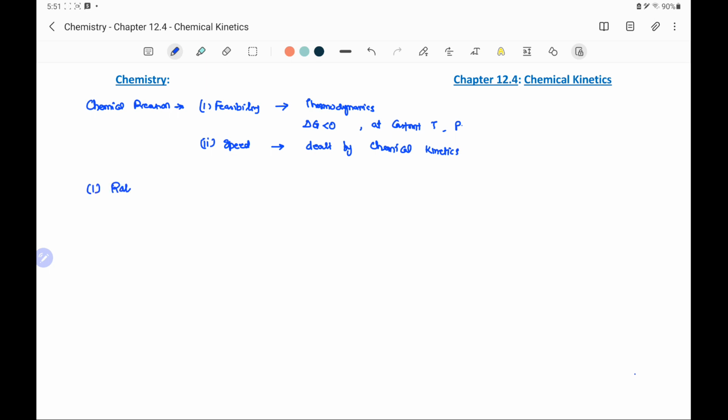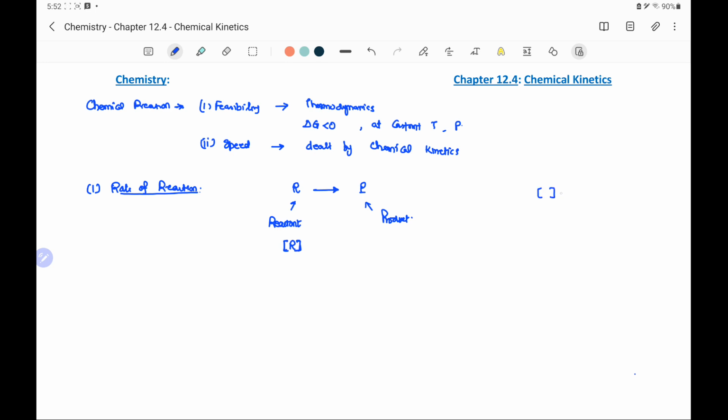First we discuss rate of reaction. Suppose we have a reaction, that is R, where R refers to the reactants, and after reaction it gives the product P. The concentration of the reactant is represented by R within the square bracket.